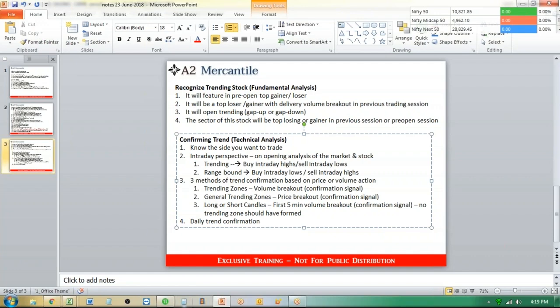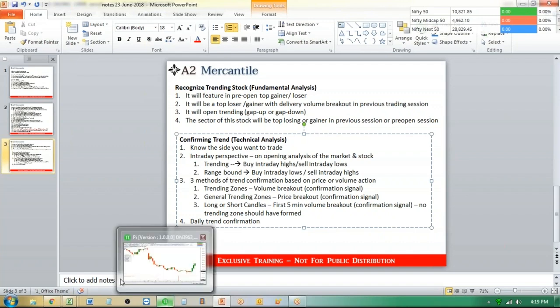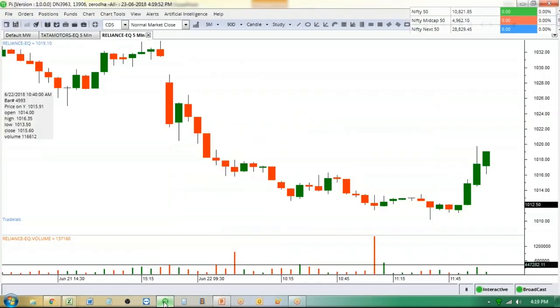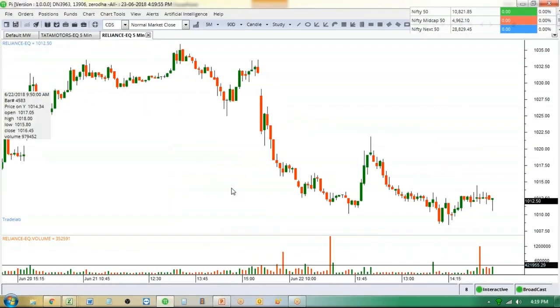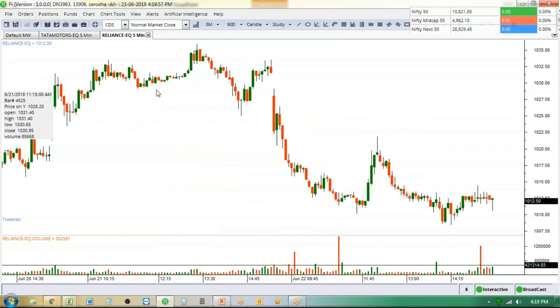A daily trend confirmation is that you know a stock is bearish or bullish, right? Bearish or bullish means whether you want to buy it or you want to sell it, based on your watch list or whatever.